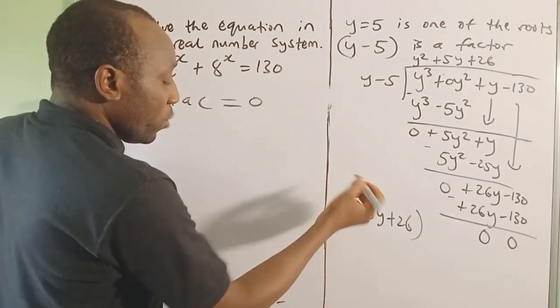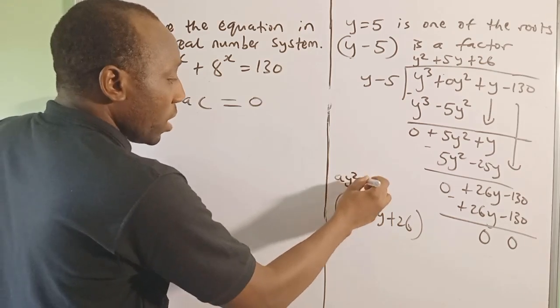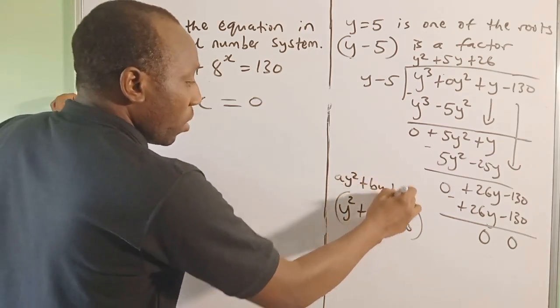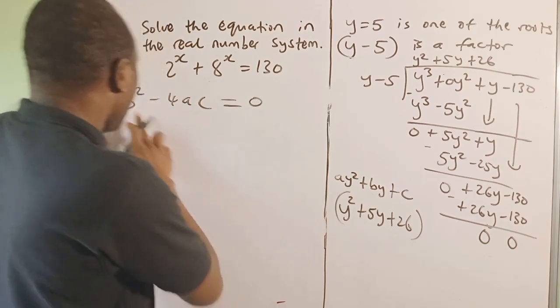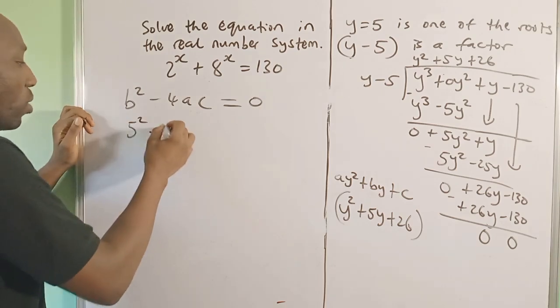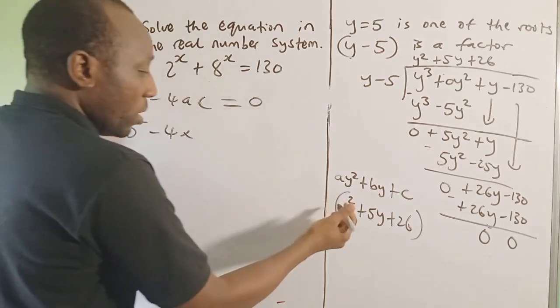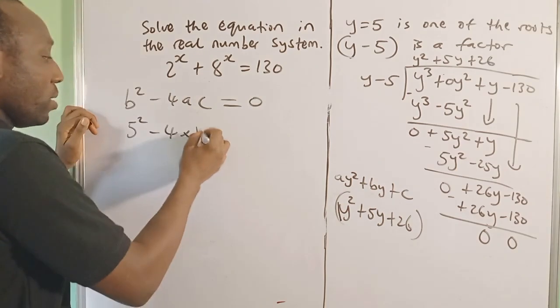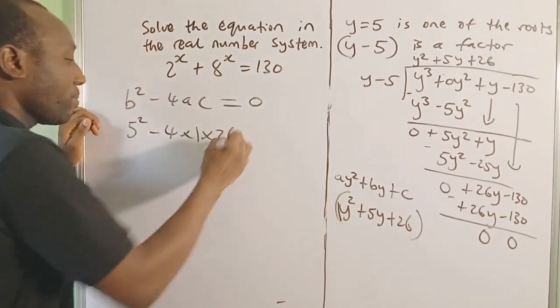So let's test the nature of root here. If you test this with ay squared plus by plus c, b squared, what's b here? 5 squared. So that's 5 squared minus 4 times a, the coefficient of y squared, which is 1, times c, which is 26.